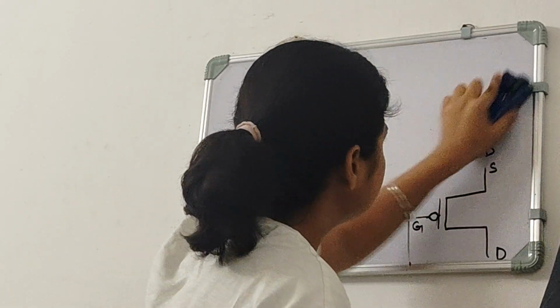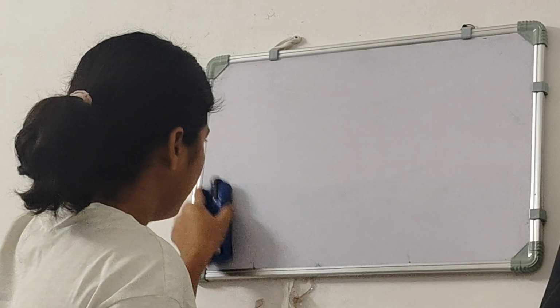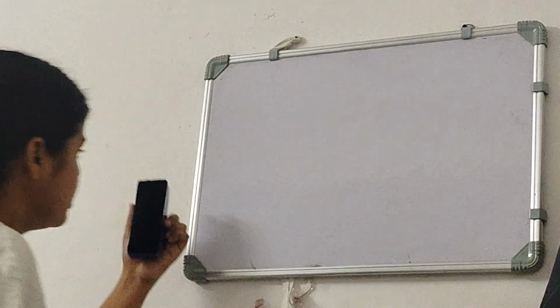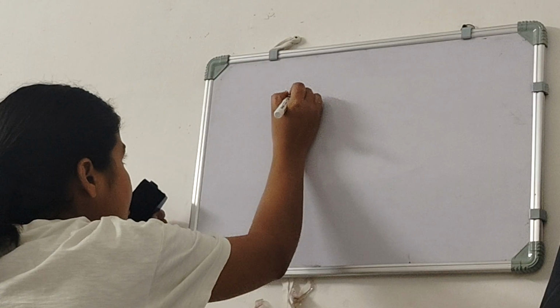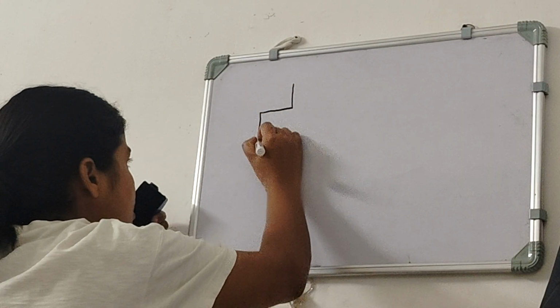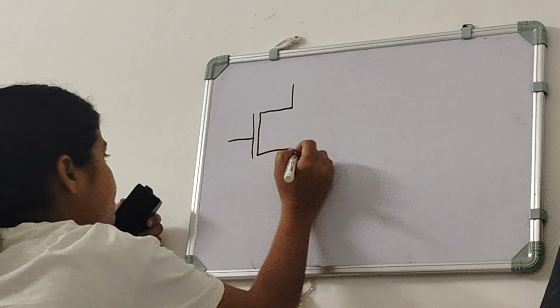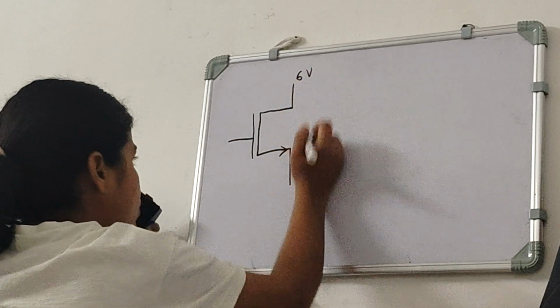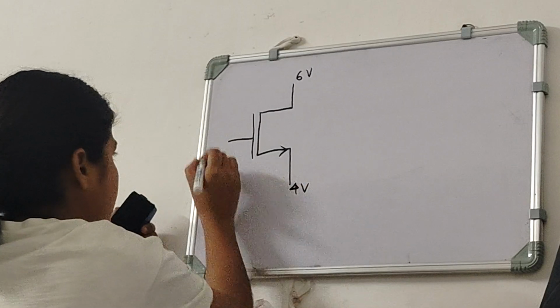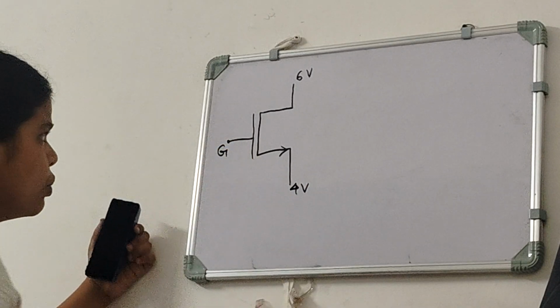Now we will see some examples on how to determine which is the drain, which is the source, and the direction of current. Like suppose we are given like this. And this is 6 volt and this is 4 volt, and this is the gate, we all know that.